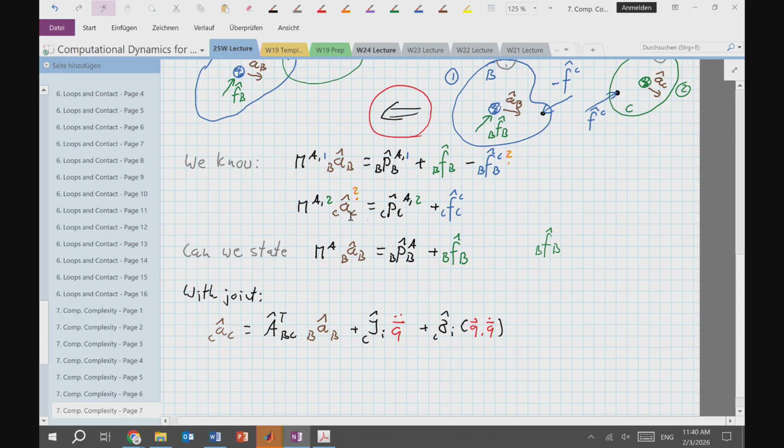Before I said we don't know the acceleration across the joint, which is a 6-dimensional quantity. But that's not true. The only thing that we don't know is the acceleration of the joint variables. Everything else is a constraint. There's no motion. So if I have a purely rotational joint, I don't know the q double dot of that particular joint, but I know that this rotational joint is not going to allow translational motion.